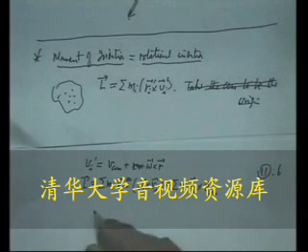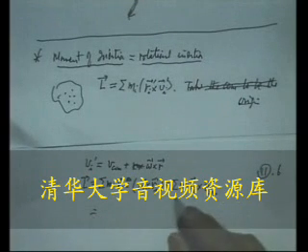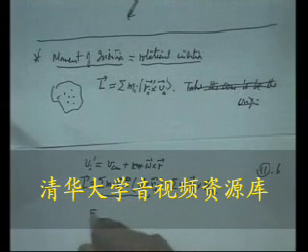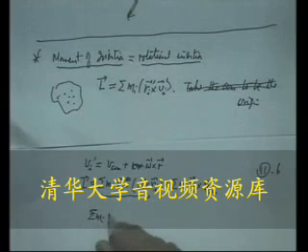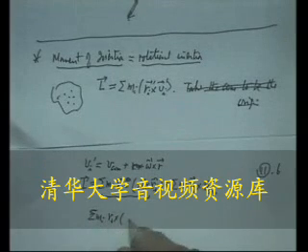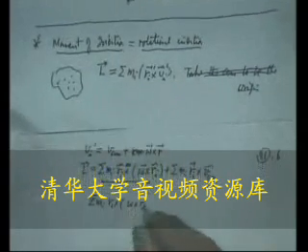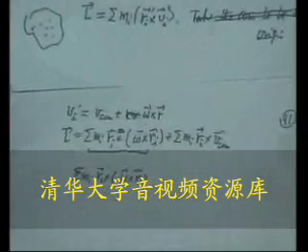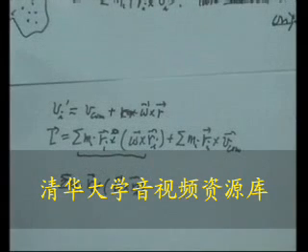So now I write this part. Summation mi Ri cross omega cross Ri. Here Ri is relative to the center of mass.